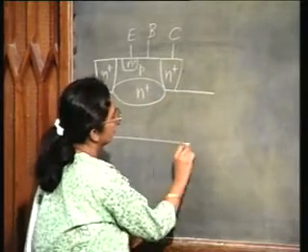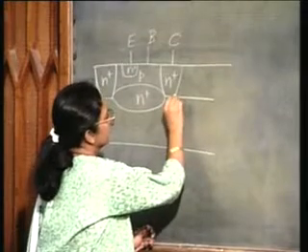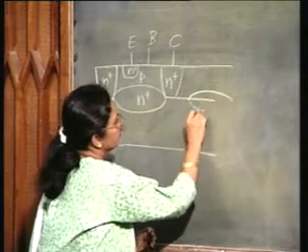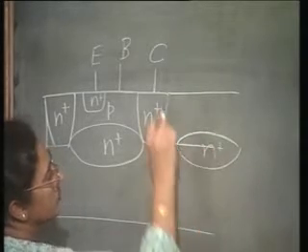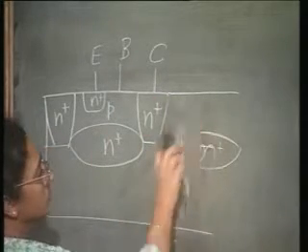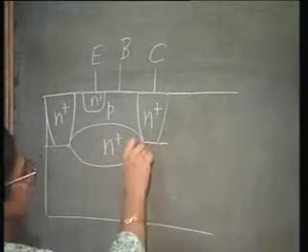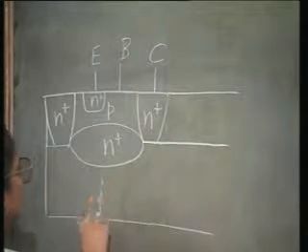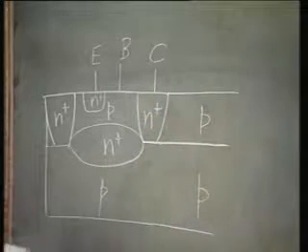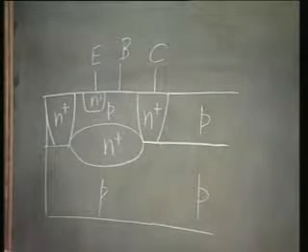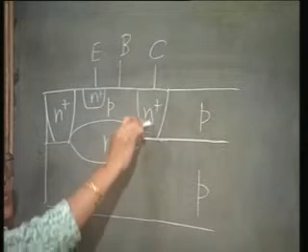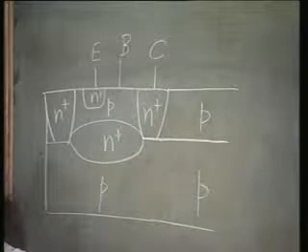So, if I look at the next device, this is p-type substrate, this is p-type substrate, and this is p-type epi layer. If I look at the next transistor here, that is still isolated by the reverse biased NP junction.